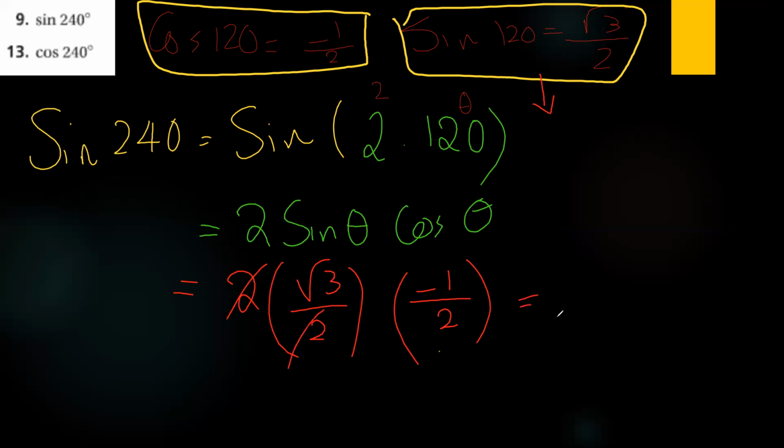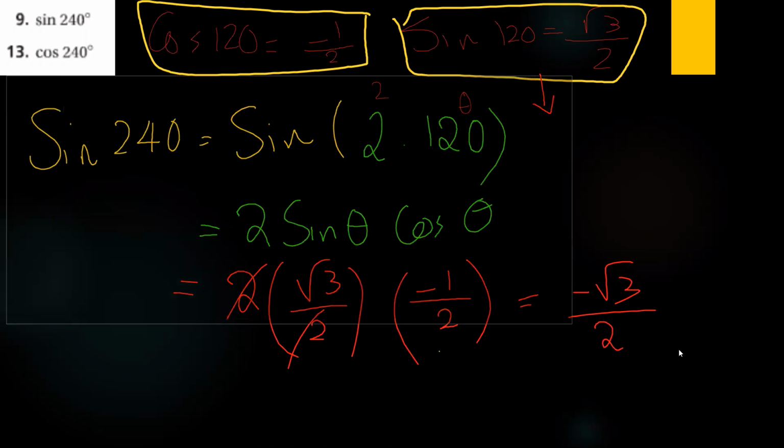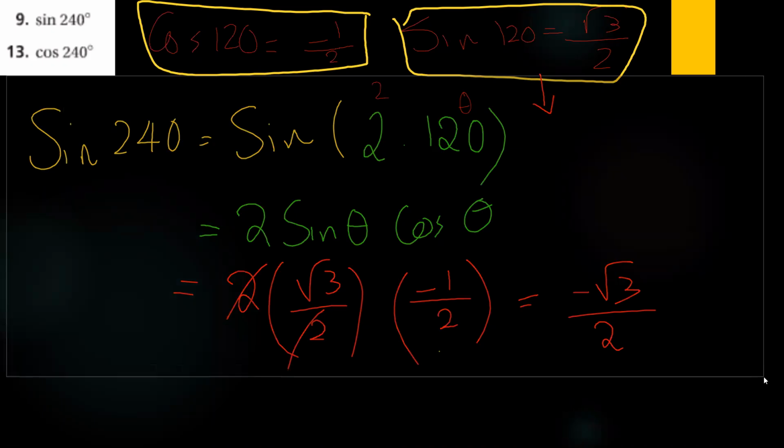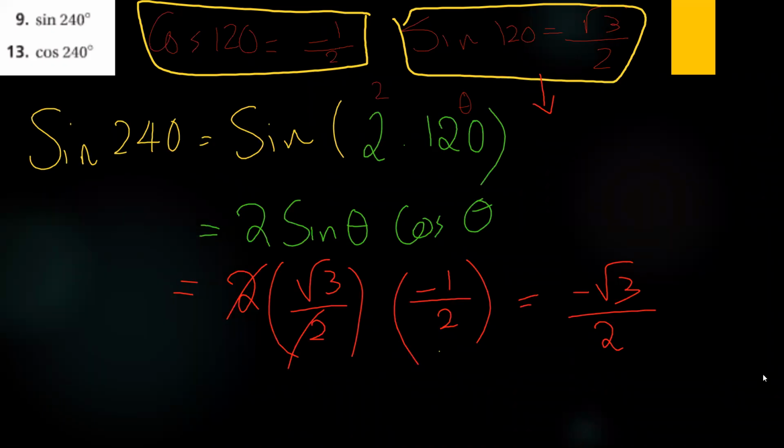So it will be 2 times negative half times square root of 3 over 2, which is negative square root of 3 over 2. Is it right? I think I did something wrong. Okay, teacher, thank you.